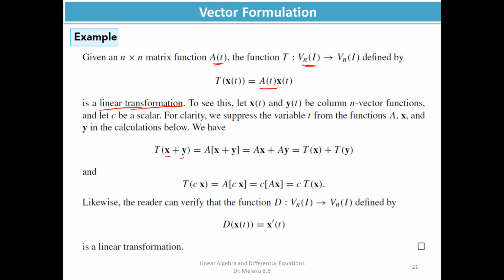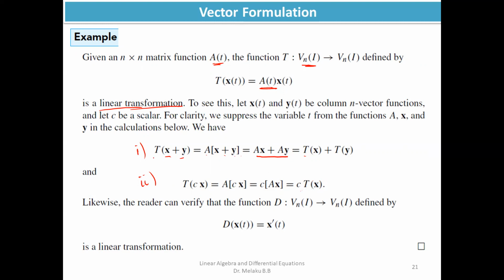We have that T(x + y) is, by definition, A times (x + y). But we know that matrix multiplication is distributive, because we are in the vector space, so A(x + y) = Ax + Ay, and by definition this is T(x) + T(y). This is the first condition that we show for linearity. And second, T(cx) is A times cx, which is c times Ax, which is also c times T(x), which is the second criterion.